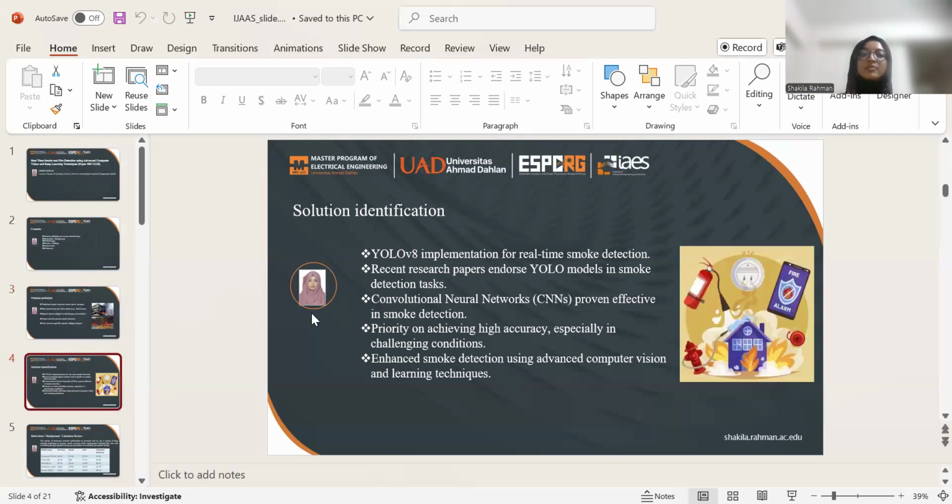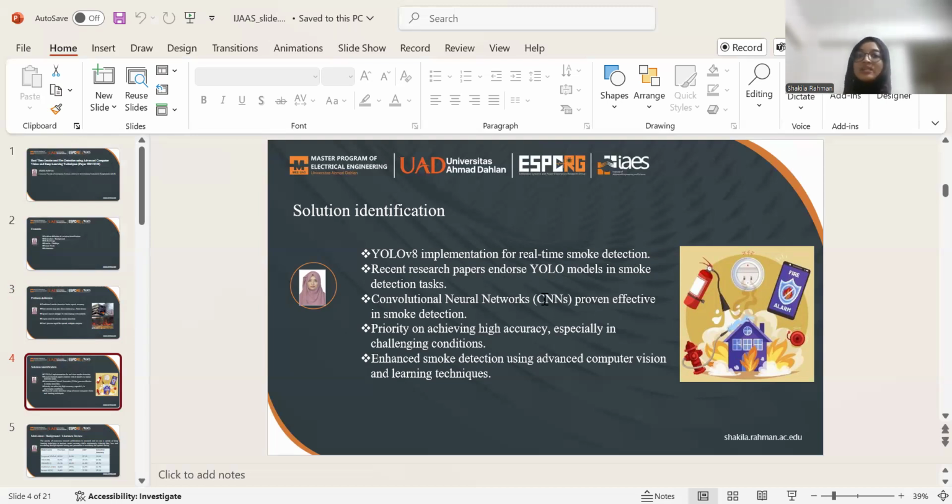So there is the solution identification. In our work, we have implemented our own YOLO-based models for real-time smoke detection. We have considered both smoke and fire in our work, and some other recent research papers also endorse YOLO models in smoke detection tasks.